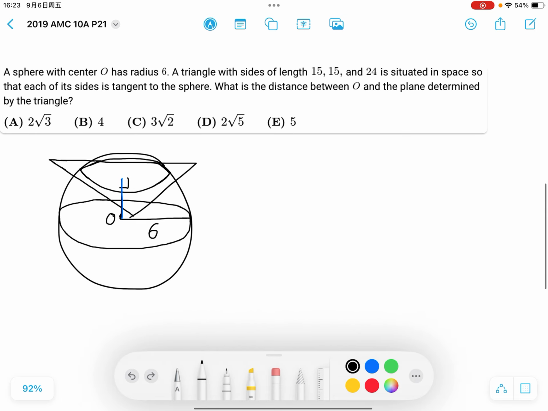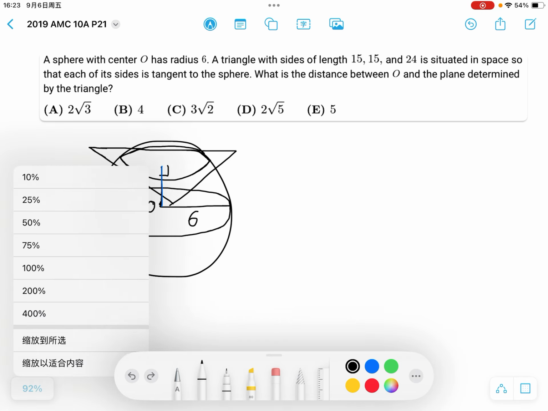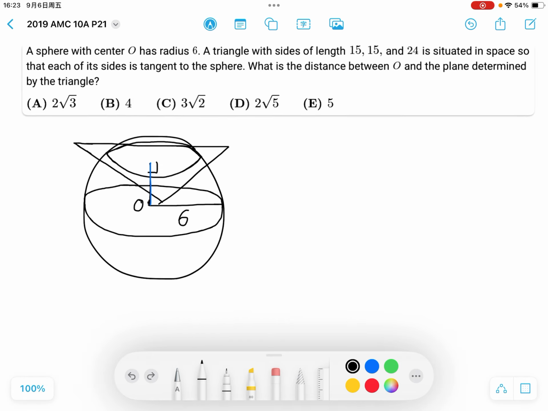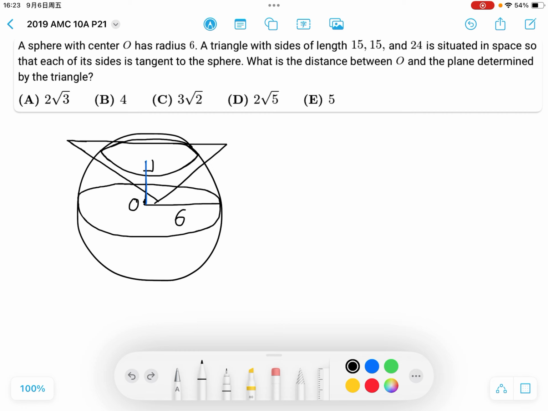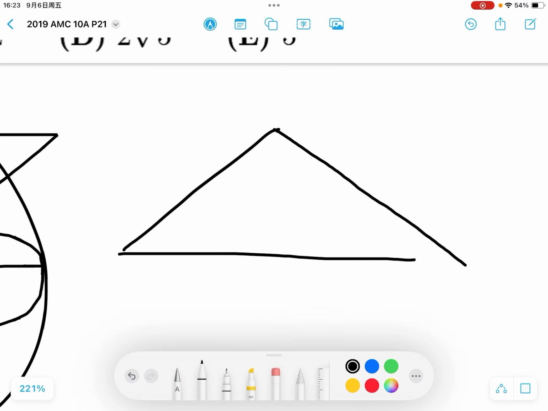Having a 3D view isn't enough, so let's draw a 2D view right here. A 2D view would be an isosceles triangle, 15, 15, 24, like that.